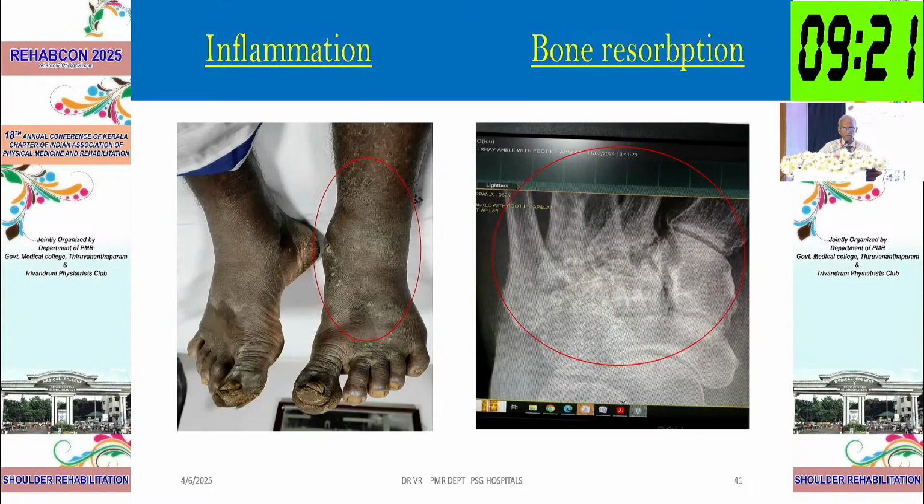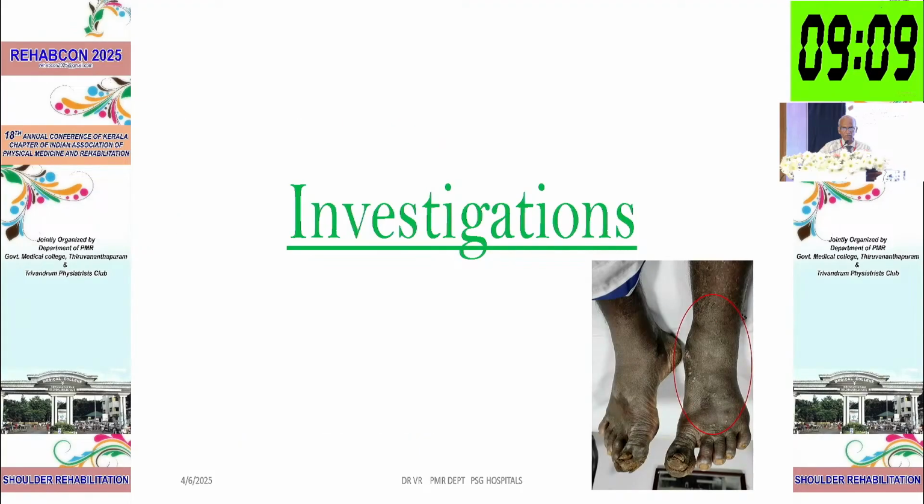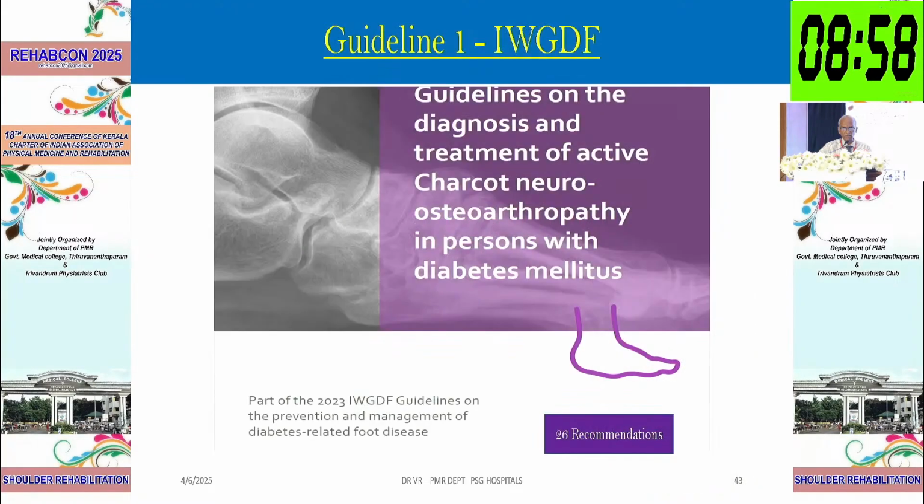So I have explained why the patient presented with the swelling of the ankle and foot. This is because of the acute inflammation in the foot and the osteolysis or bone resorption due to the overactivity of the osteoclast. Investigation, in any case of inflammation, we used to test CBC, WBC, ESR, C-reactive protein, calcium, phosphorus, alkaline phosphatase.